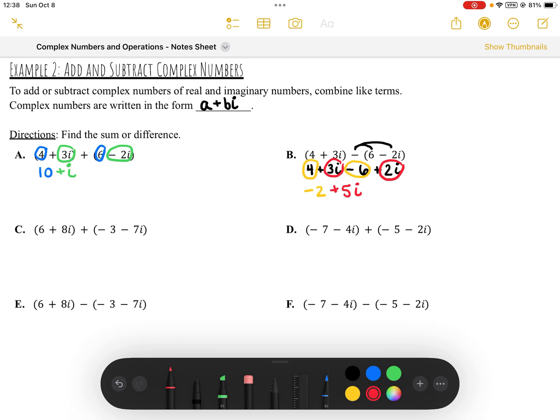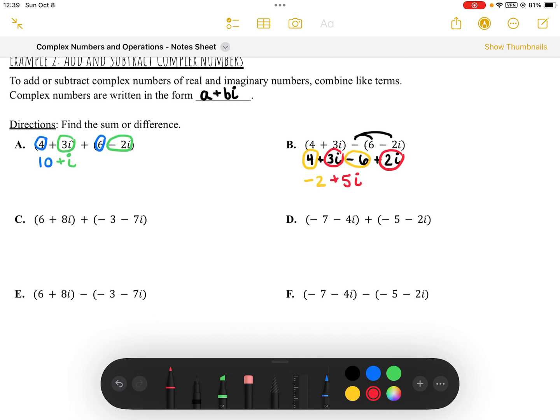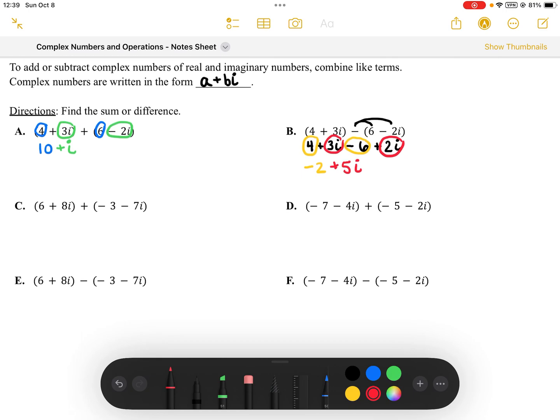There are 4 more for you to try, C, D, E, and F. Go ahead, take a moment, pause this video, and then resume when you're ready to check your answer. So for C, I have 6 plus 8i plus negative 3 minus 7i. I'm adding so I can combine my like terms right away. So I'm going to add 6 plus negative 3, or 6 minus 3.